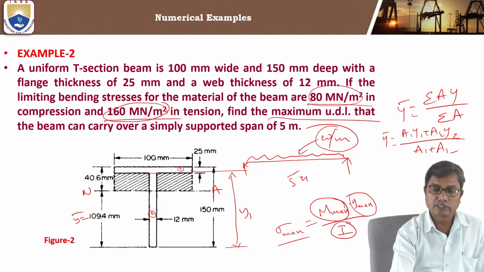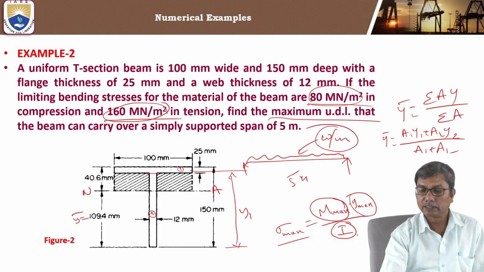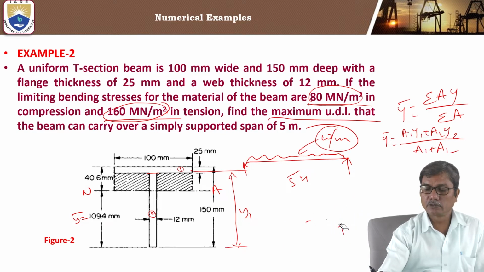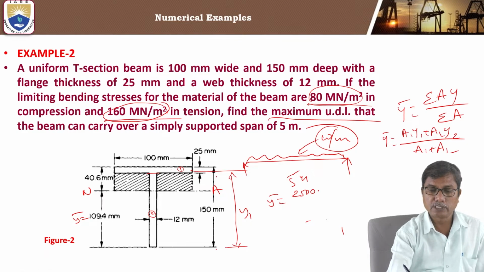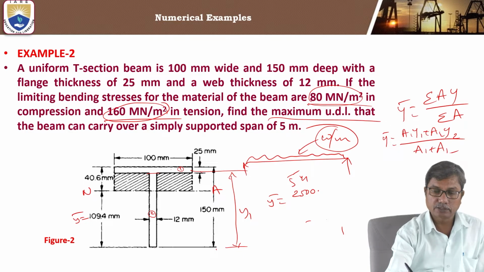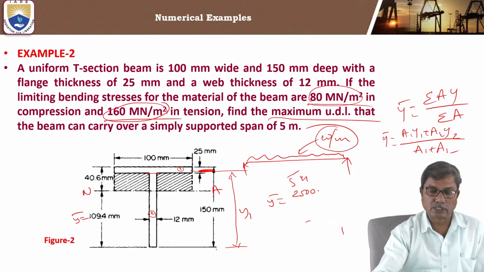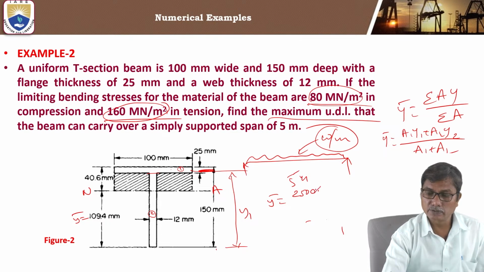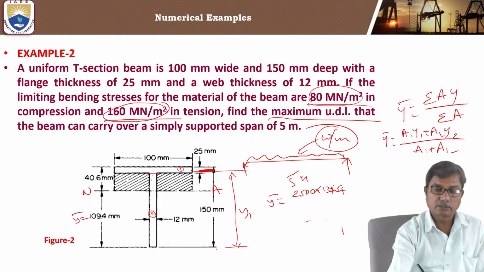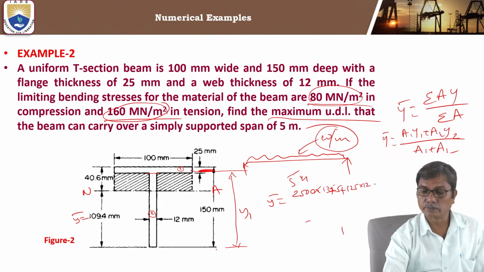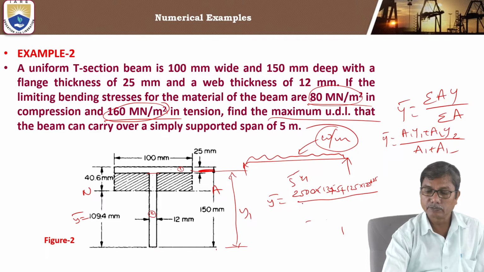A1, the area of flange, is 100 into 25, that is 2500. y1 is the total depth 150 minus the distance to the center of flange from top, 12.5, so 137.5. A2 is the area of web, whose depth is 150 minus 25, that is 125, into 12, into centroidal distance 125 by 2, that is 62.5, divided by A1 2500 plus A2, 125 into 12.